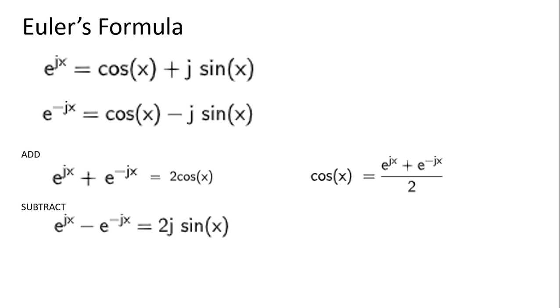That means I can write sine x equals e to the plus jx minus e to the minus jx, over 2j. That j term is down there, and it's easy to forget sometimes.